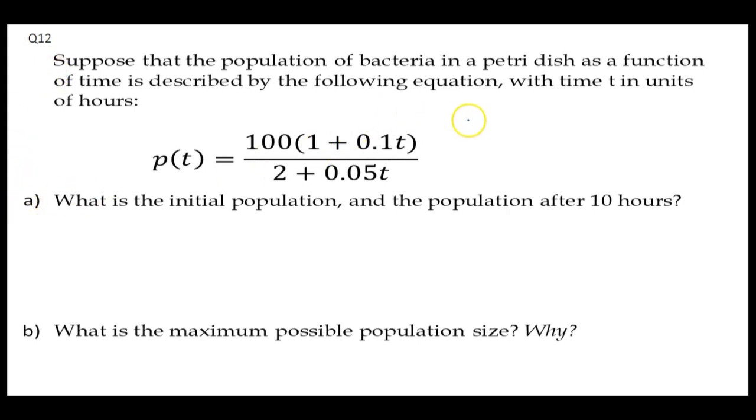So we have to remember that t is time, and it's given in hours. When they're asking us the initial population, we have to substitute t by 0. So we're going to plug in 0 in our equation, in our function, for every single t.